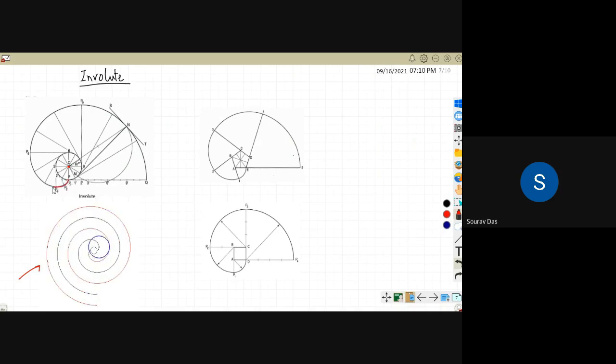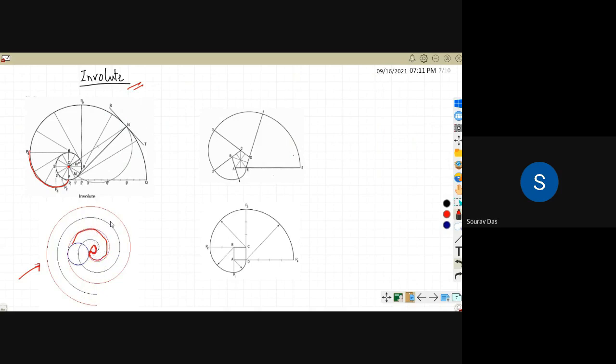The locus of the point made by the end of the thread is known as involute.